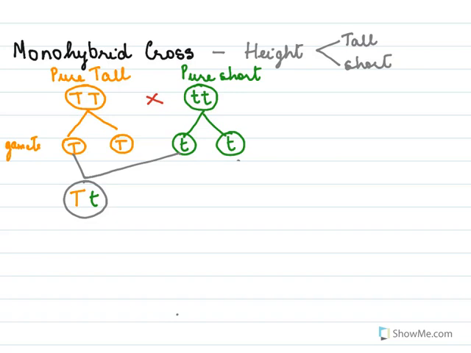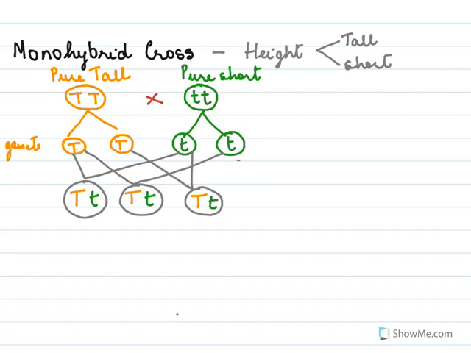Now the same gamete would cross with this other gamete, and we would get tall and short. Next, this gamete could cross with both of these, so you have tall and short.